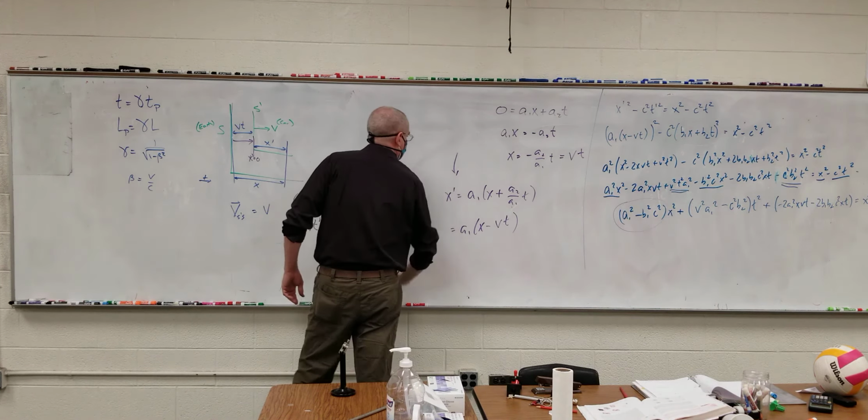So a1 squared minus b1 squared c squared equals 1. It has to. No matter what, it always has to equal that. This right here always has to be equal to negative c squared.